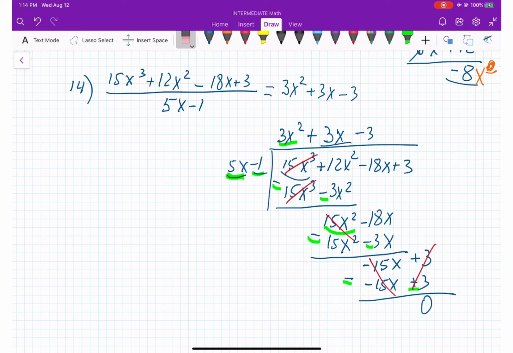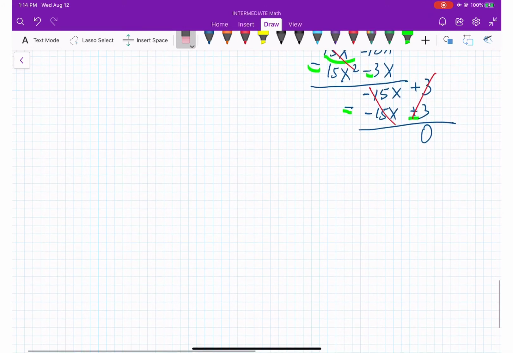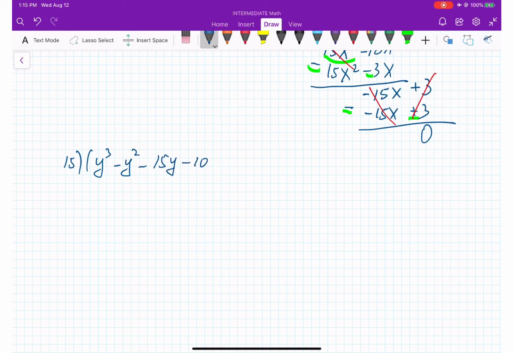Number 15. Division. y cubed minus y squared minus 15y and minus 10 divided by y plus 3.